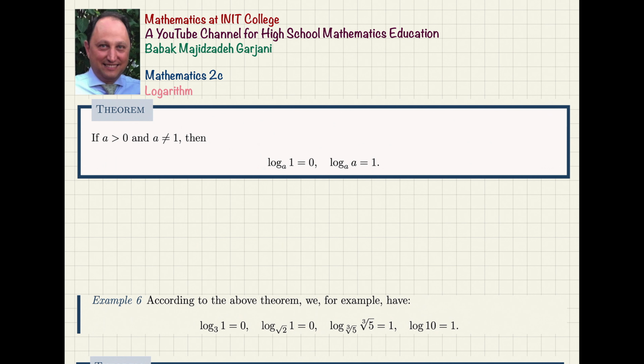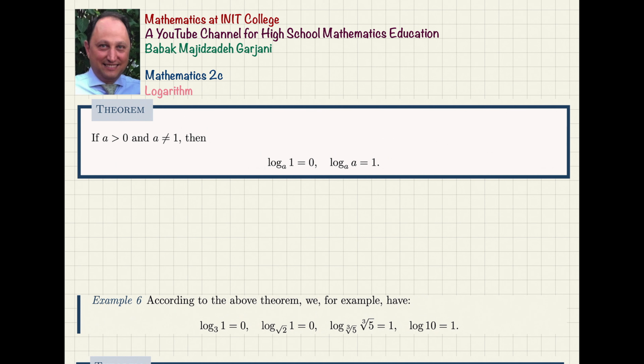Log of 1 in any acceptable base, by acceptable base I mean positive and not equal to 1, the answer is 0. The log of any number in its own base, if it satisfies the condition of being a base, of course, becomes equal to 1.